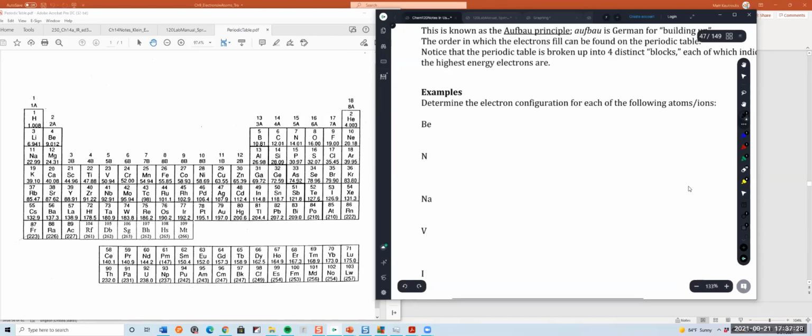So the electron configuration here is going to be, first you fill the 1s's. 1s2. Then you fill the 2s's. 2s2. And then if you add these numbers together, 2 plus 2, that's 4 electrons. Beryllium has 4 electrons, so that works.